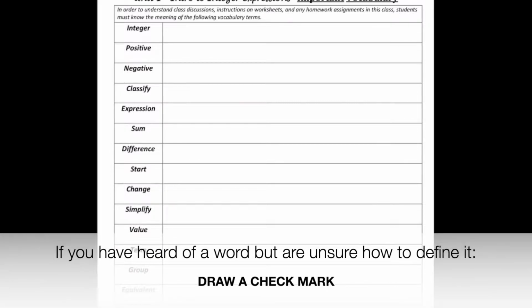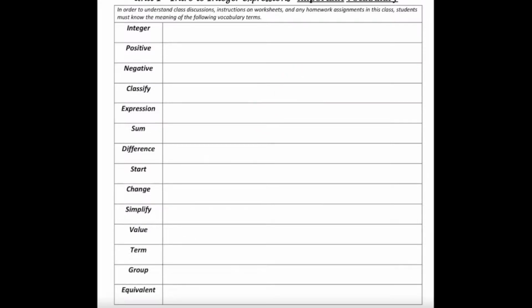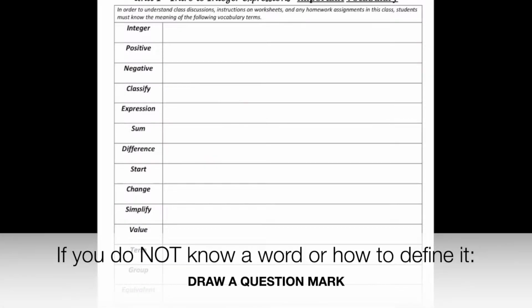If you know the word and you've heard it before, but you're not sure if you can define it, you put a check next to that word. And if you have no idea what that word means, or at least you don't know what it means in the context of what we're talking about, you put a question mark next to the word.